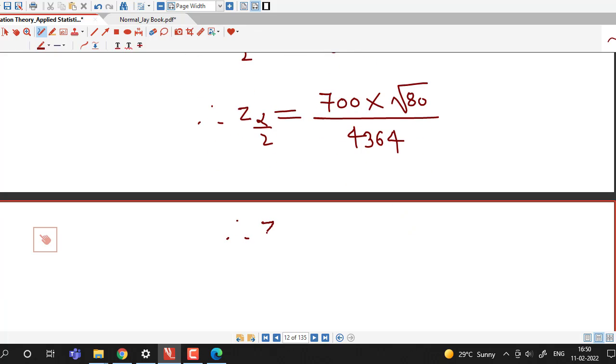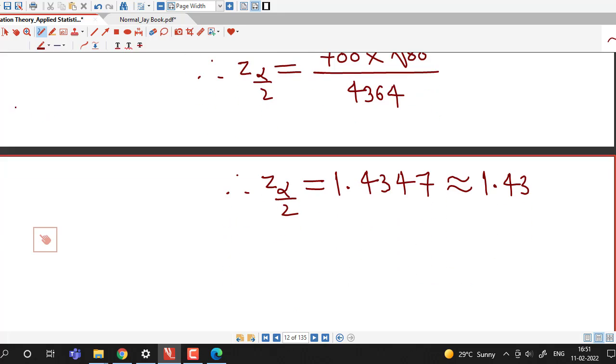So therefore Z alpha by 2 is, using scientific calculator, I obtain this as 1.4347, and if I round off to 2 decimal places, I can write Z alpha by 2 approximately equal to 1.43.